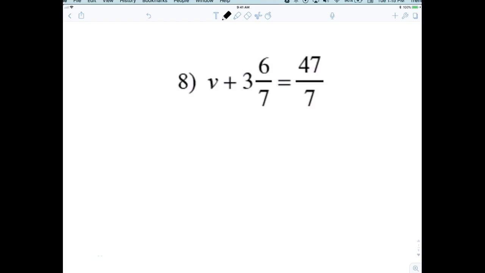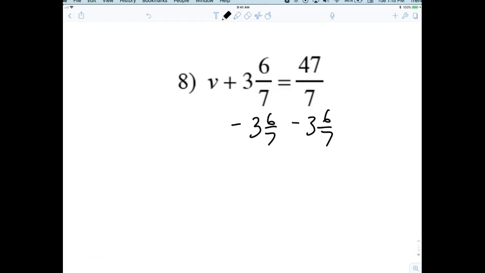First thing, we're undoing addition, so what do I do? Subtraction. So I'm going to go minus 3 6/7. The problem is we have an improper fraction.